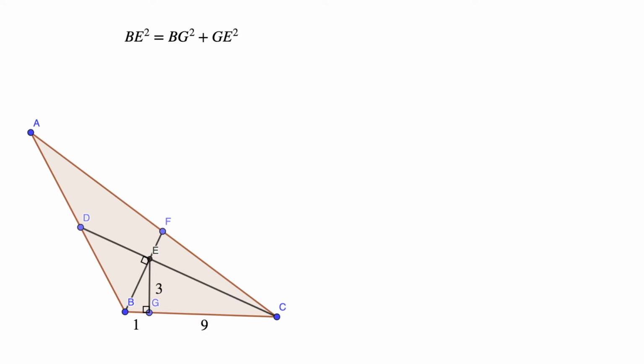So for triangle BEG, BE squared is equal to BG squared plus GE squared. Plugging in the known values, simplifying, and taking the square root, we get that BE is equal to the square root of 10. So we can label that here on the diagram.